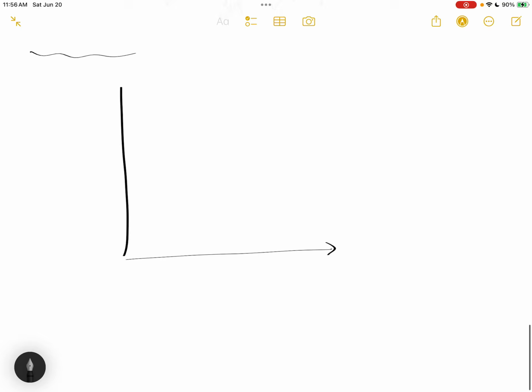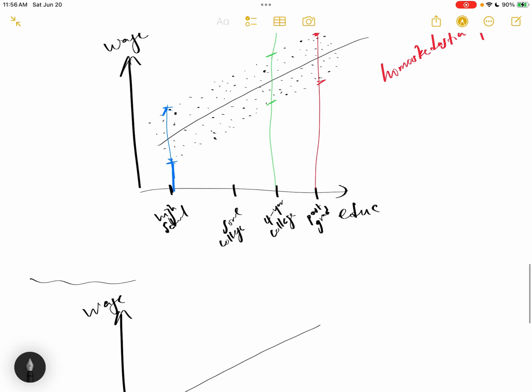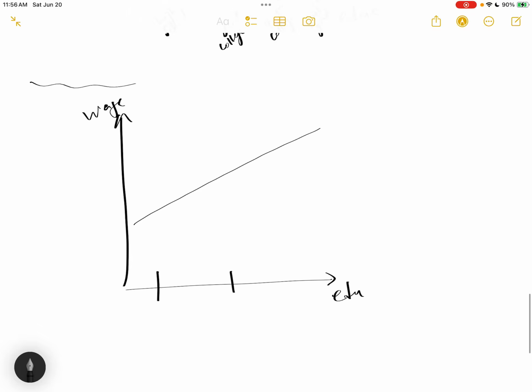Heteroskedasticity, on the other hand, again, for every unit increase in years of schooling, we'll still see wage increase, right? Meaning there's a positive linear relationship between education and wages. However, we will notice a fanning out. So let me get my data slices. I'll do only 3 here.